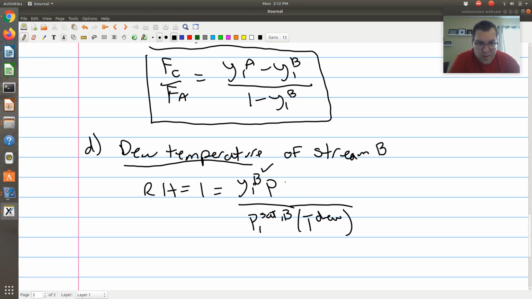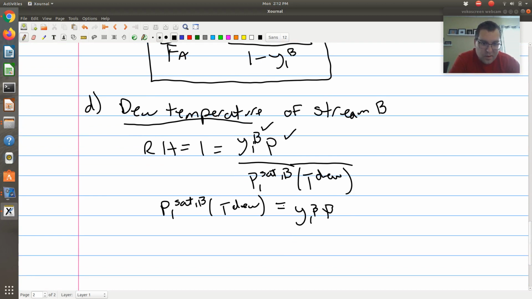I know Y1B, we calculated that, and I know P. So I'm looking for the dew point temperature, when my vapor pressure would be equal to the partial pressure of B in my vapor phase. So I would calculate Y1B times P, the partial pressure of water. I calculate the vapor pressure at the dew point, and then I go to my steam tables and look up that temperature.